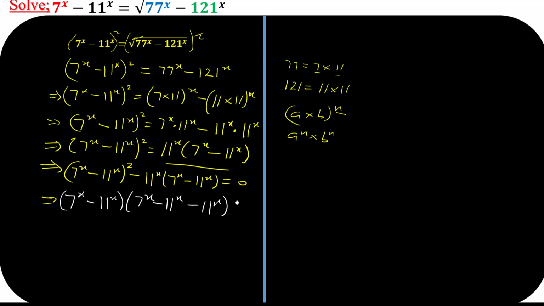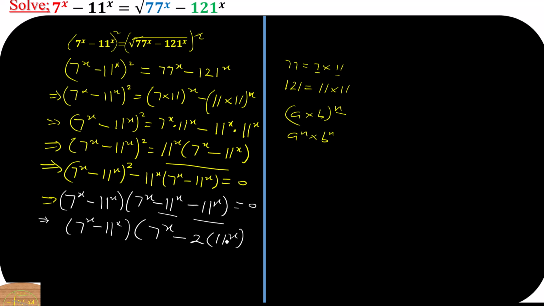So we can say 7 exponent x minus 11 exponent x, and minus 11 minus 11, so it's 7 raised to x minus 2 times 11 to the power x, equal to 0.